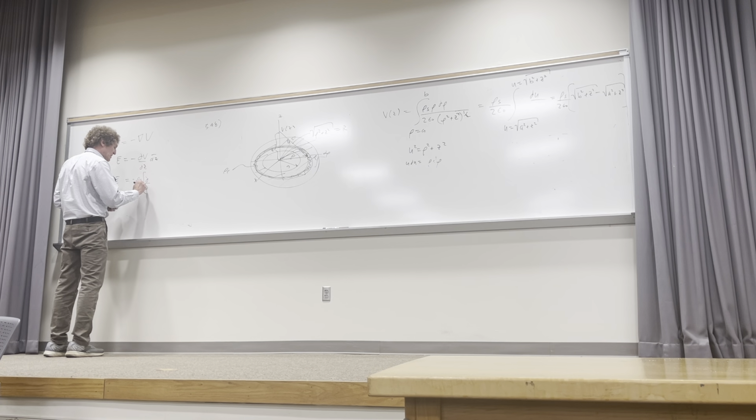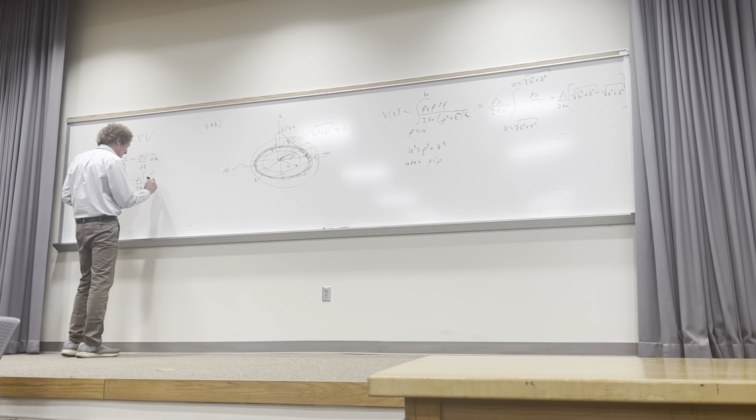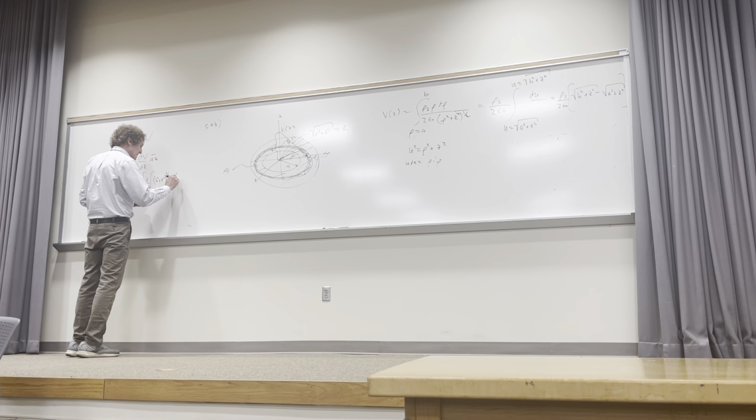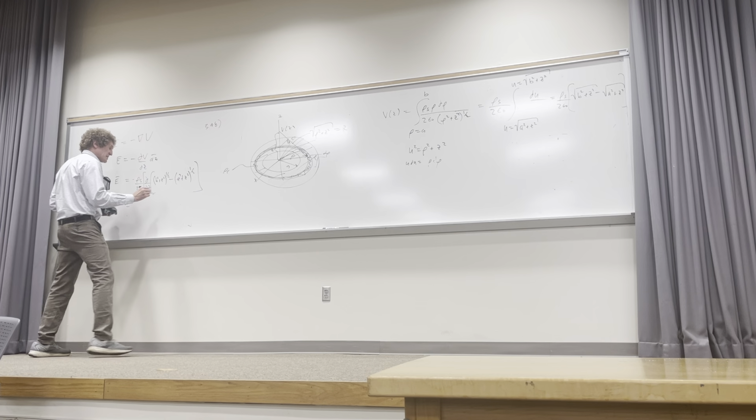And then here's the derivative with respect to z of the square root. Matter of fact, I'll write it this way: b squared plus z squared to the 1/2 power minus a squared plus z squared to the 1/2 power. Now, what's that going to be? And it's in the a_z direction.